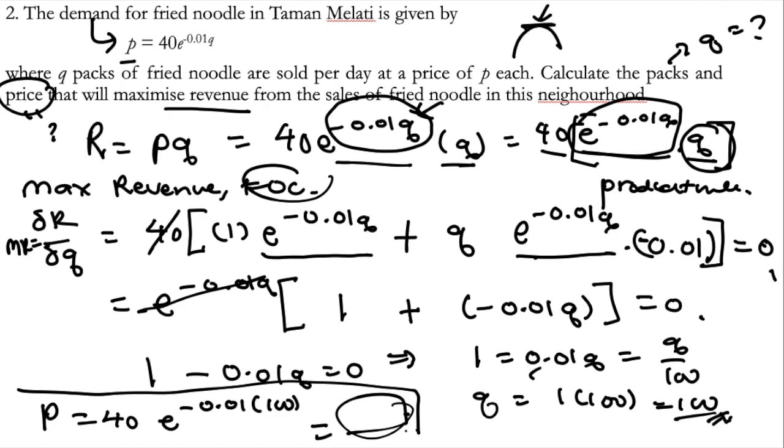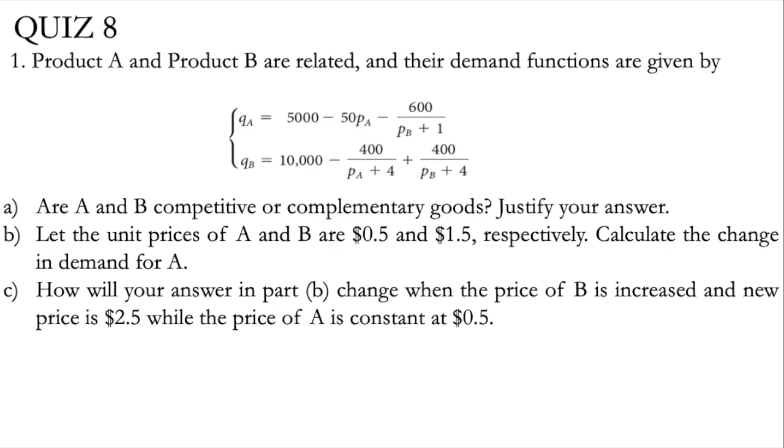All right. Now, we move to the next quiz, which is quiz number 8. This is about mixed partial derivative. Here, let product A and product B be related, and their demand functions are given by these functions.